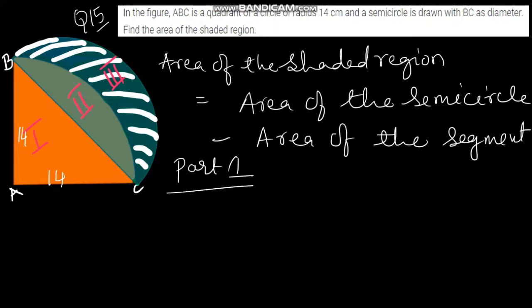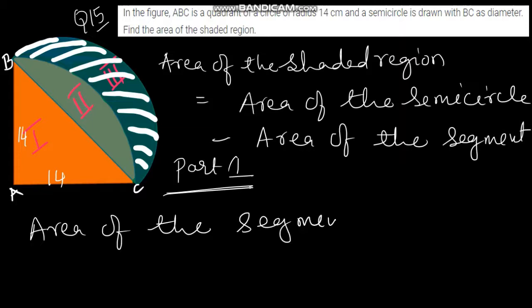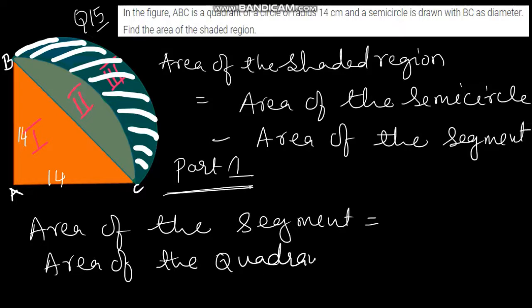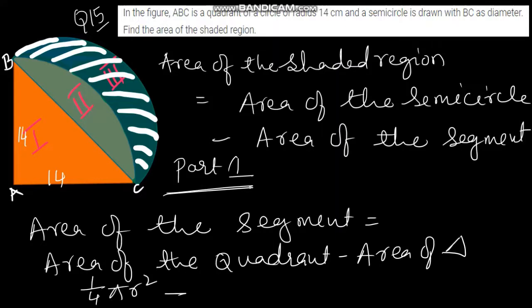First part, what you have to do is, you have to find the area of the segment. So area of the segment will be equal to area of the quadrant minus area of triangle.